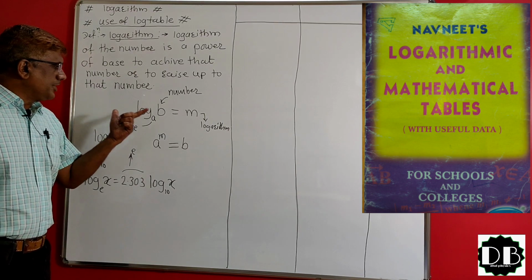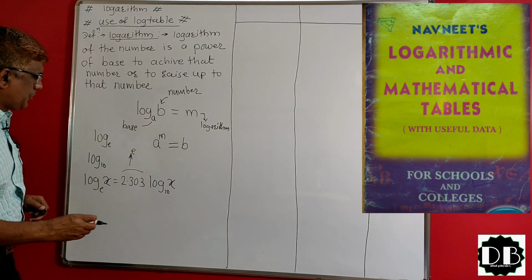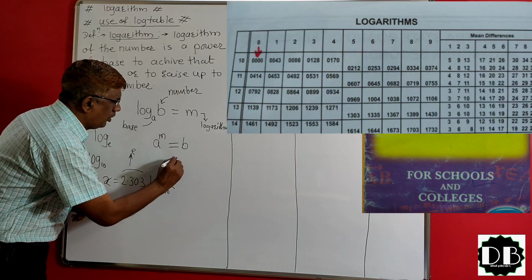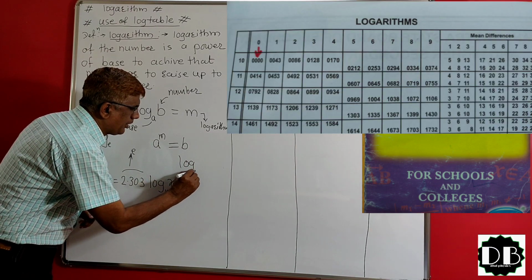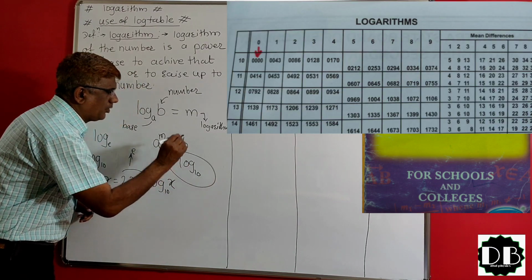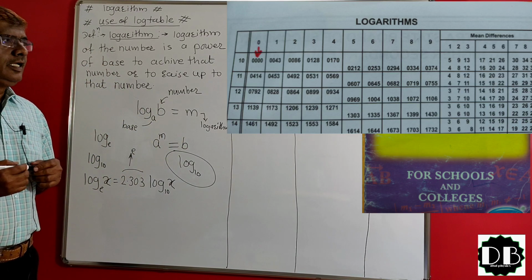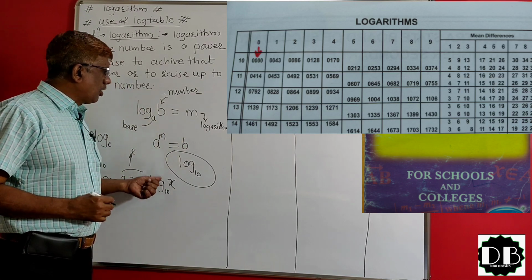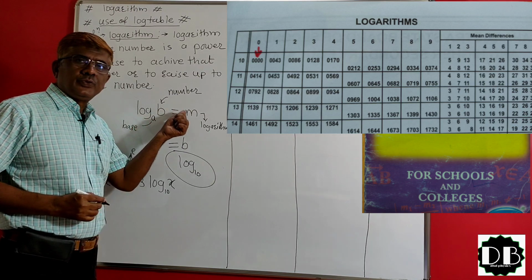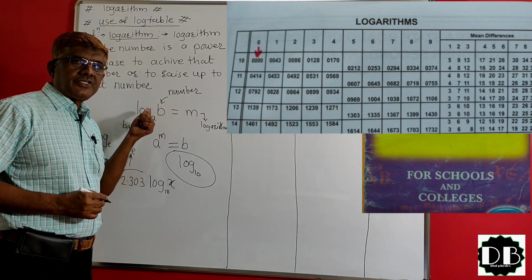Logarithm concept we are going to use, specially log to the base 10, for our calculations, because it is simple. Here we see that log of 100 to the base 10 is 2, log of 1000 to the base 10 is 3.